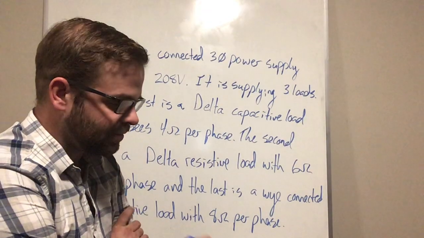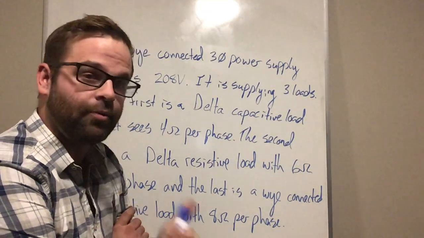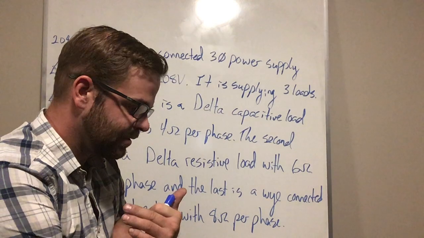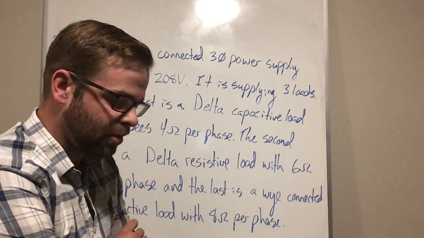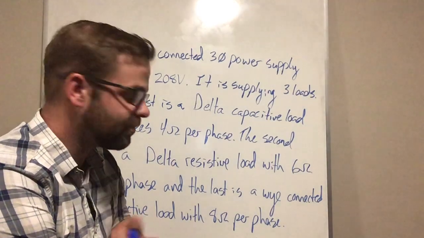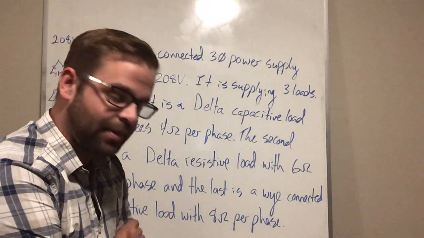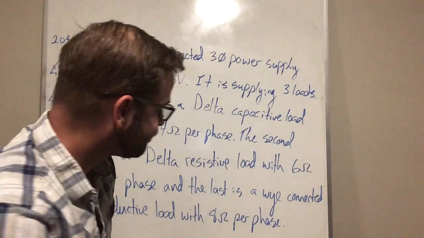I'll ask individual things about what the total overall power is, what the phase current is going to be in the capacitive load, and perhaps what the power factor of the circuit is.